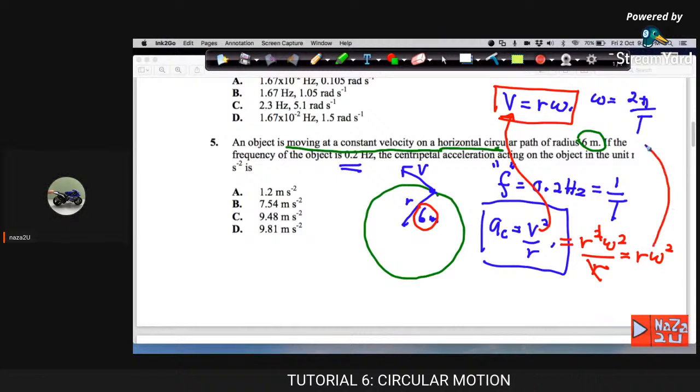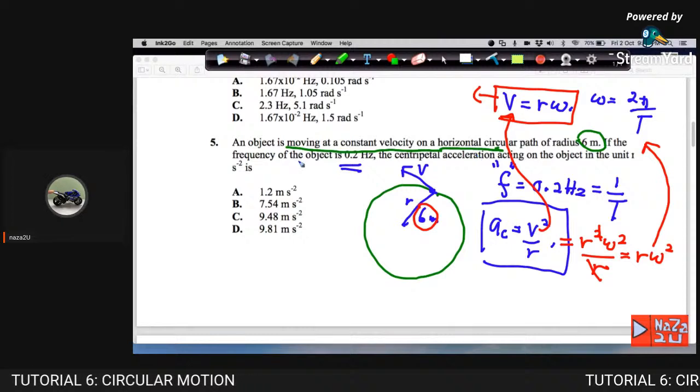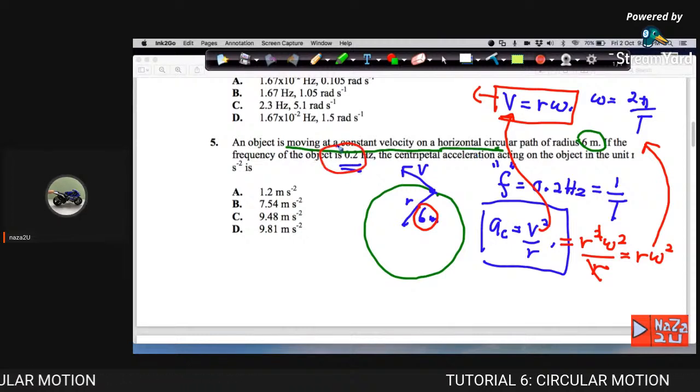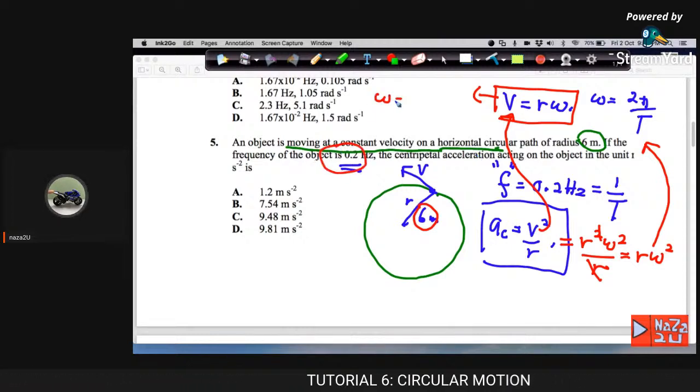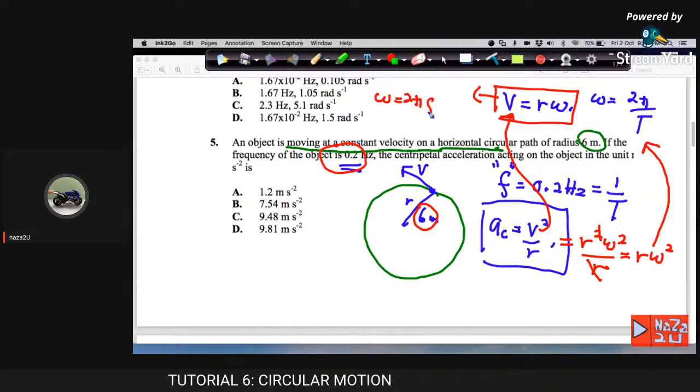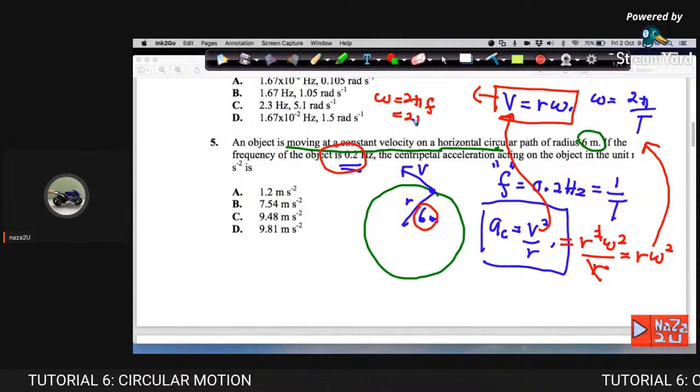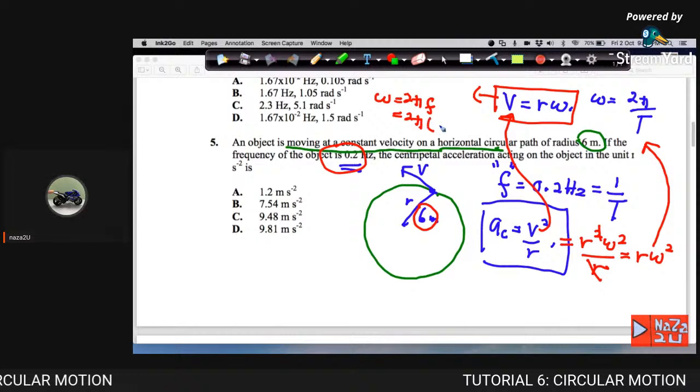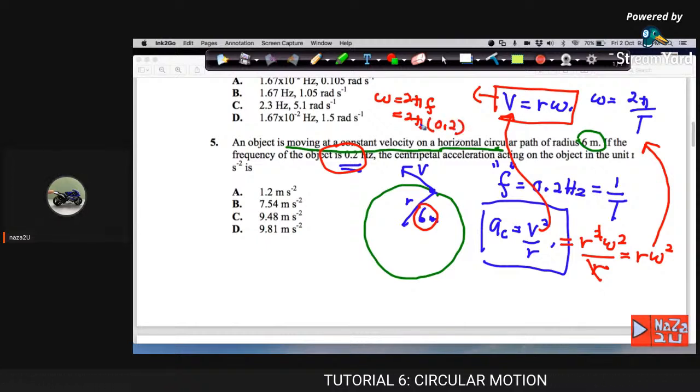Omega, you can use the equation, because the question gives you the value of the frequency in hertz. So omega is equal to 2 pi f. The frequency is 0.2 hertz, so you can find the value of omega.